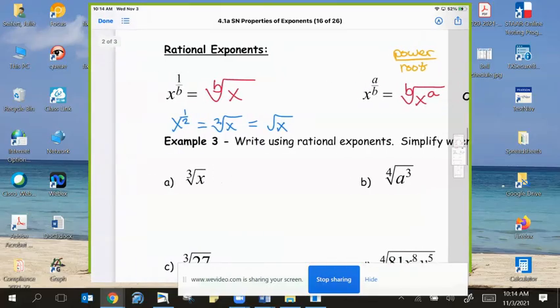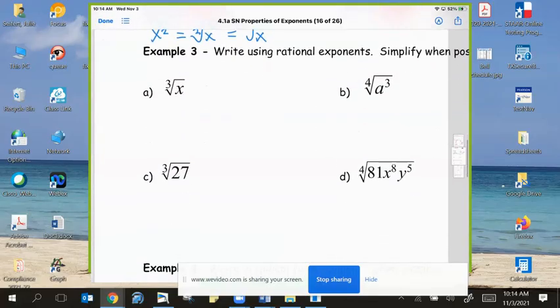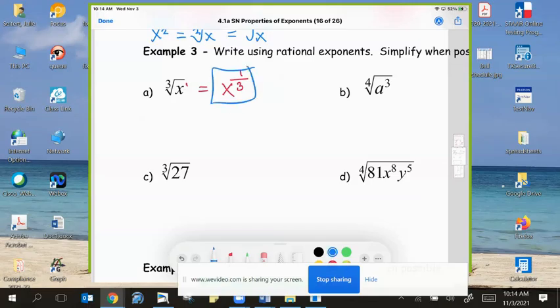Now, let's take a look at some examples here. The cube root of x, that x is understood to be to the first power. So that's x to the power goes on top like flowers, 1 over the root is 3. So this is x to the 1/3 power. Make sure you're writing that as an exponent.